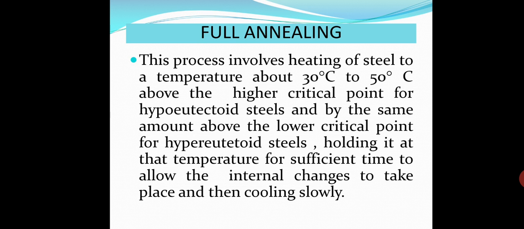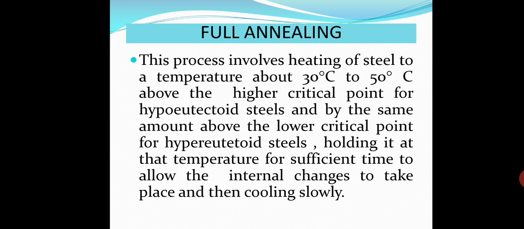So below 0.8% carbon, the steel is known as hypoeutectoid steel, and more than 0.8% up to 2%, it is known as hypereutectoid steel. For hypereutectoid steel, the temperature is 30 to 50 degree centigrade above the lower critical temperature, and for hypoeutectoid steel, it is 30 to 50 degree centigrade above the higher critical point.